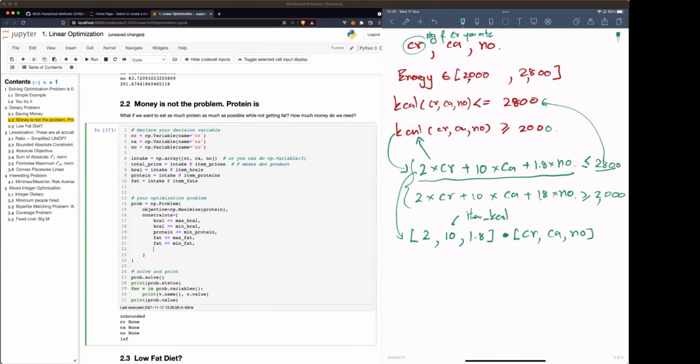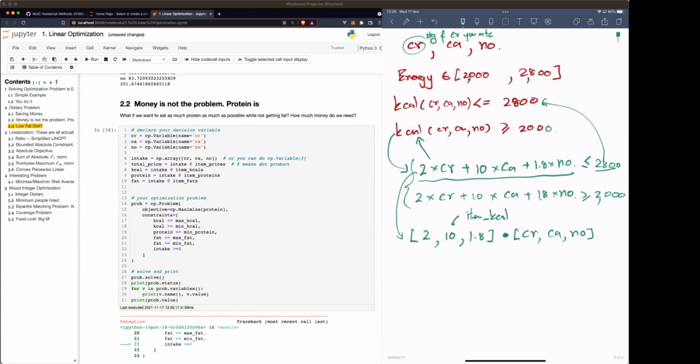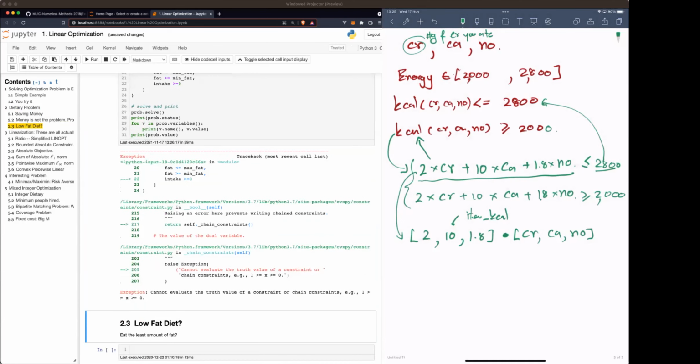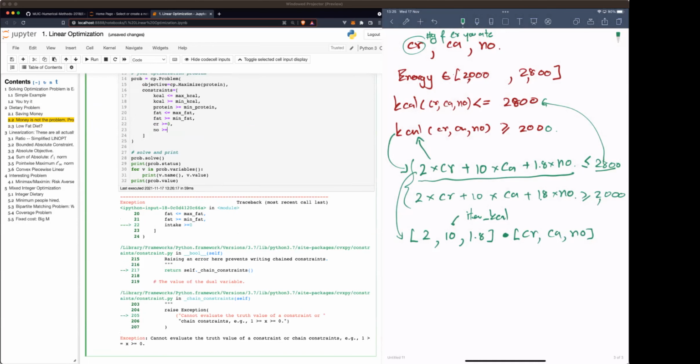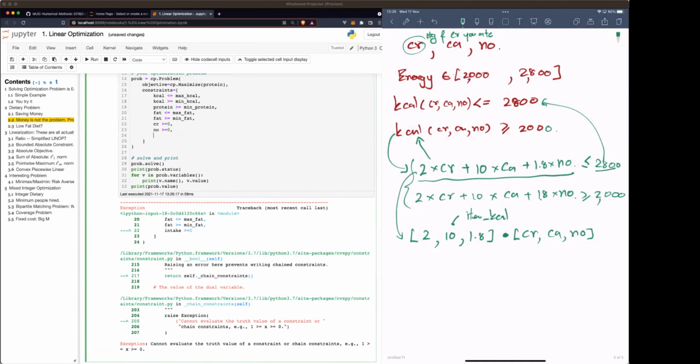Let me make sure: intake greater than or equal to 0, and so on for each food, greater than or equal to 0.